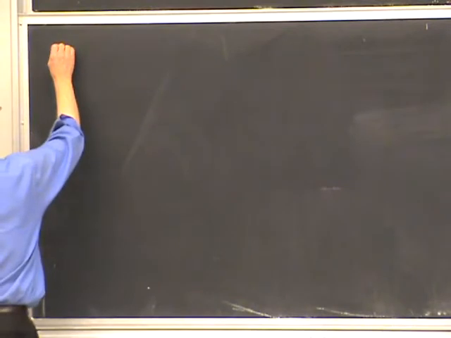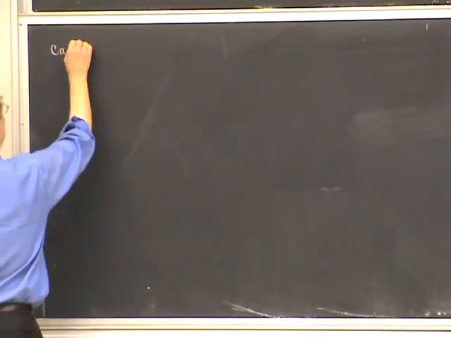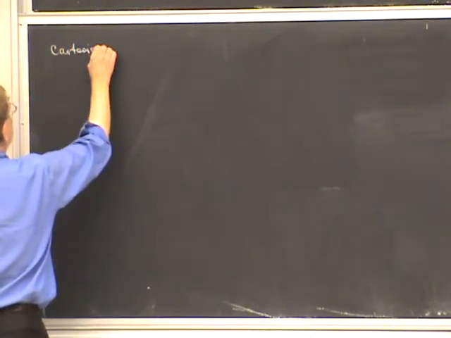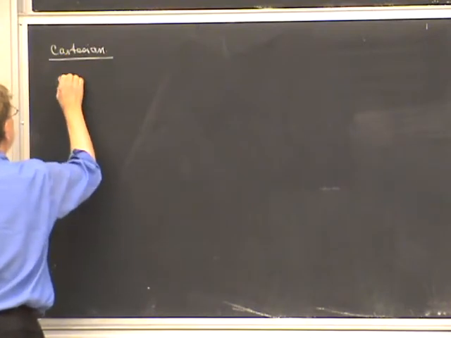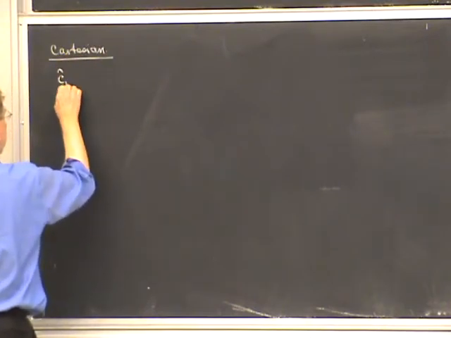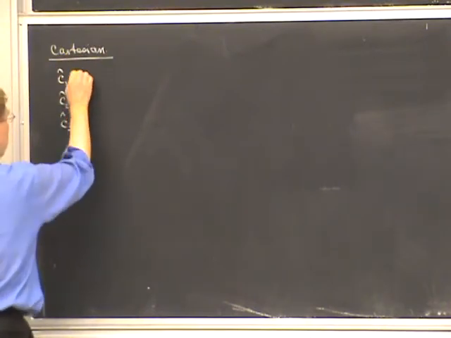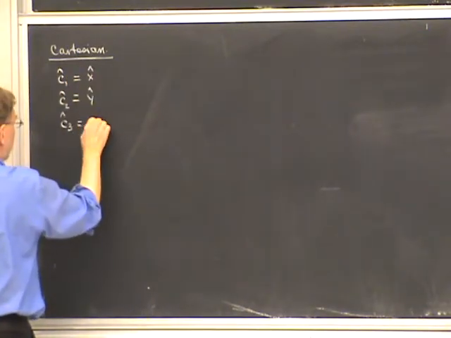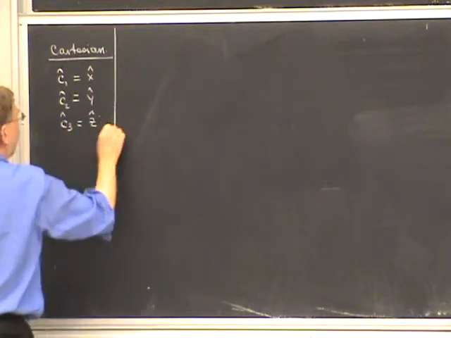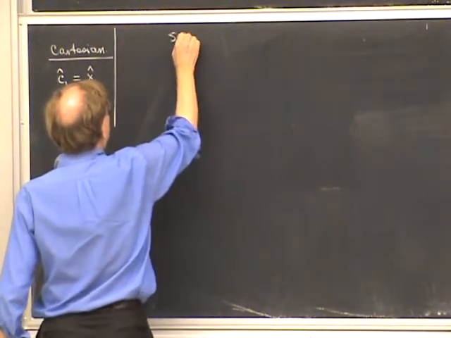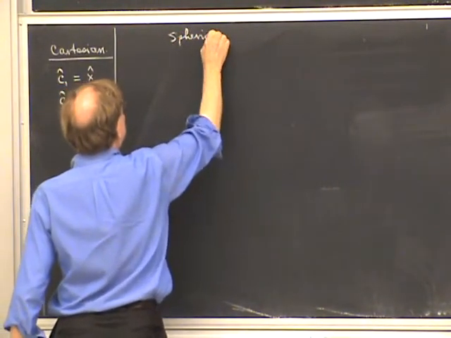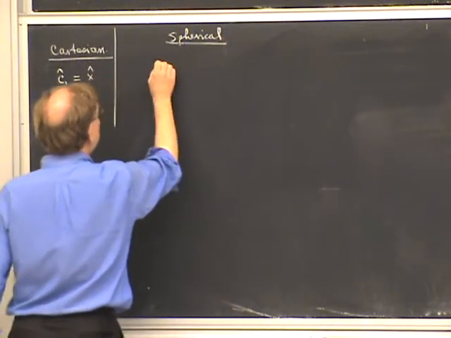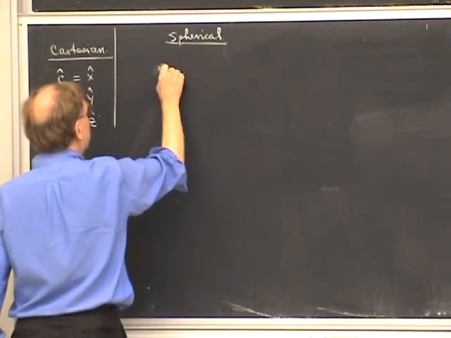So first of all, let's talk about the Cartesian basis, which is our usual basis. Let's call these unit vectors C1, C2, and C3, where C stands for Cartesian. And this is just the same thing as x hat, y hat, and z hat. The spherical basis is a different set of basis vectors. I'll use an E for them.